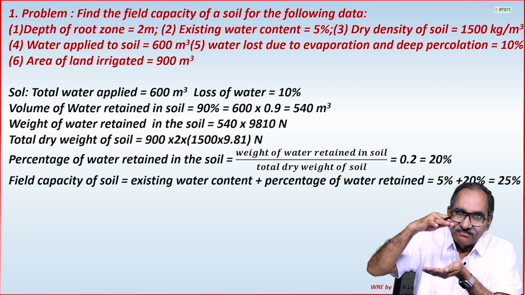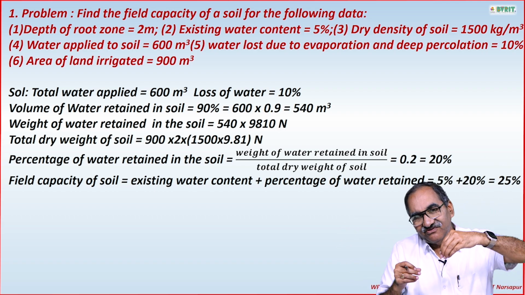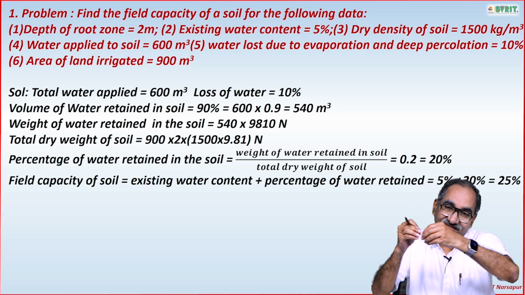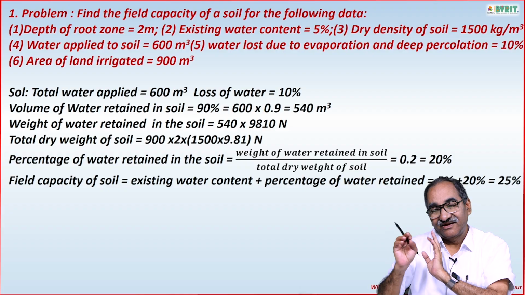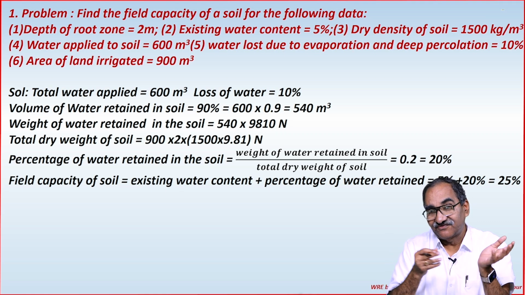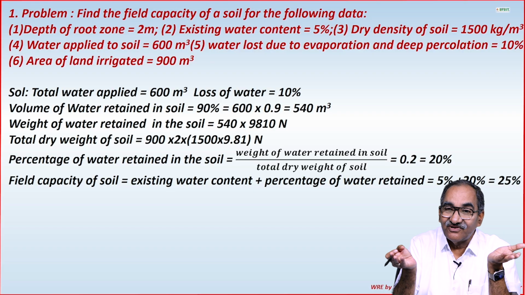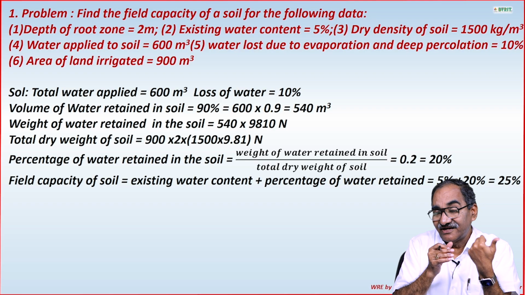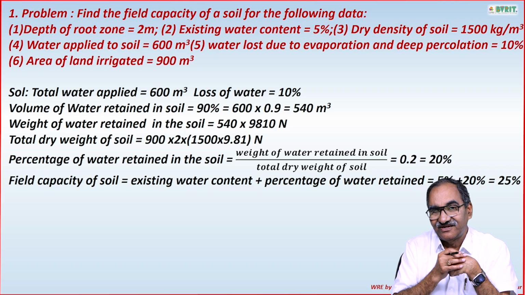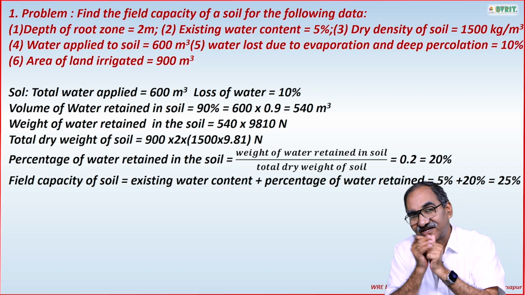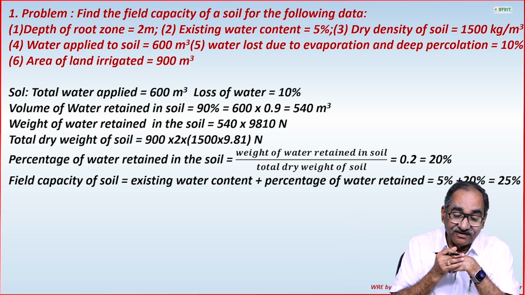If I know, because the area is given, 600 meter cube is supplied, and out of that some 10% is lost because of percolation and evaporation. So out of 600, 10% is lost, so remaining is only 90%. So 90% of 600 is how much? So 540. So 540 meter cube of water is applied to an area of 900 meter square.